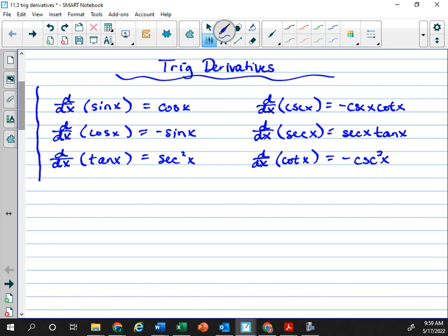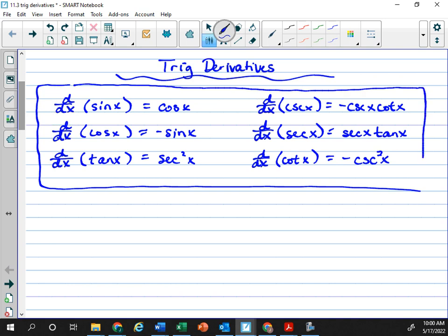So you definitely want to know those 6. The sine and cosine ones are going to show up the most, but you do need to know all 6 of those.